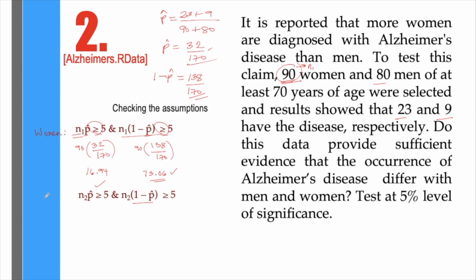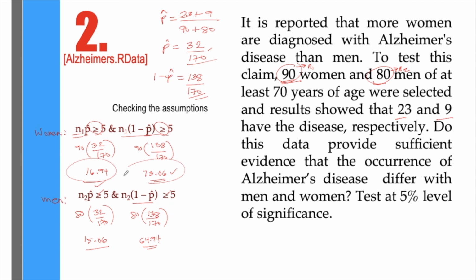For the other group of patients, which in this case are men, in which the total is 80, that will be our n sub 2. So that is 80 times p hat, which is 32 over 170. That gives us 15.06, which exceeds 5. And for the other one, n sub 2, which is still 80, times 1 minus p hat, which is 138 over 170, gives us 64.94, which again exceeds 5.